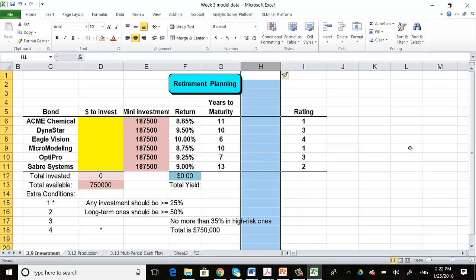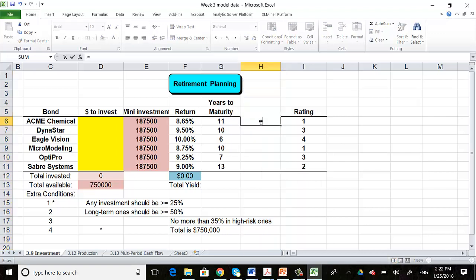So we're going to use the years to maturity to do that. We'll use a logical function here to say if it's a long term, if this value is greater than 9, or greater than or equal to 10, then we return 1, otherwise we return 0. If it's a long term, we want to include it, otherwise we don't.